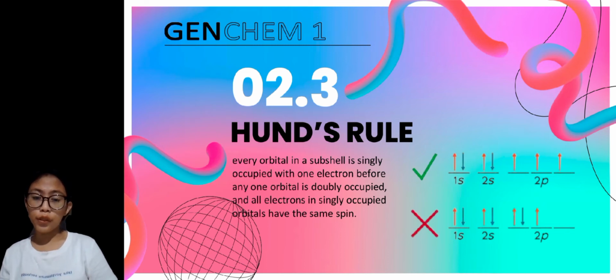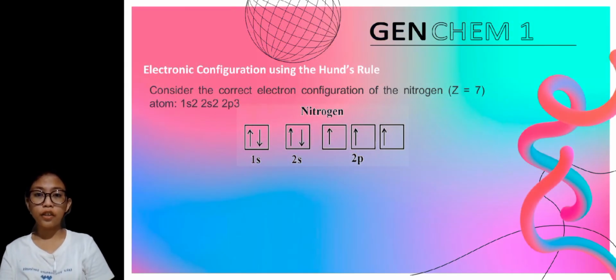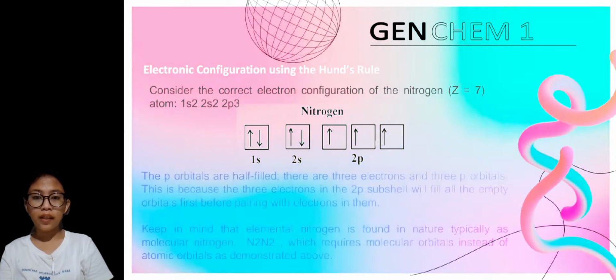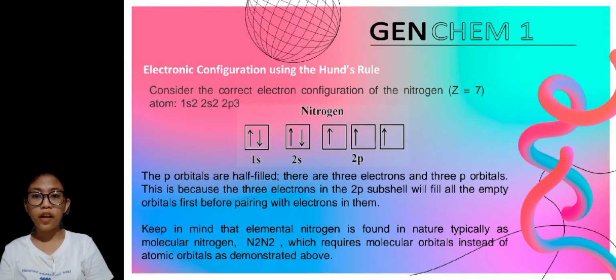To avoid confusion, scientists typically draw the first electron and any other unpaired electron in an orbital as a spin up. Let us consider the correct electron configuration of the nitrogen, Z equals 7, atom: 1s2, 2s2, 2p3. The orbitals are half-filled. There are 3 electrons and 3 p orbitals.